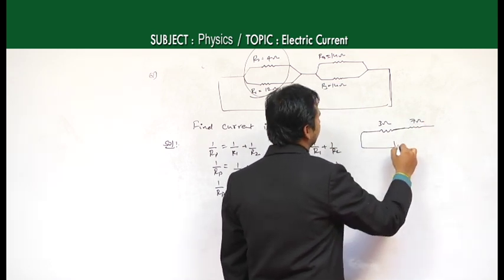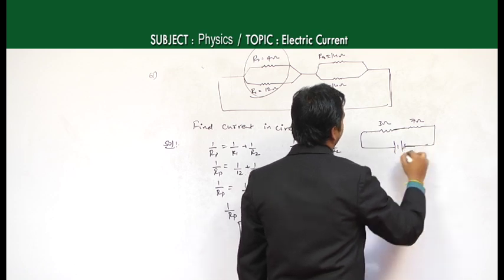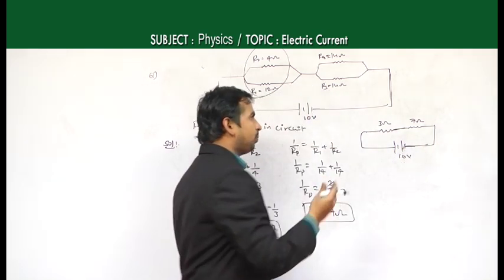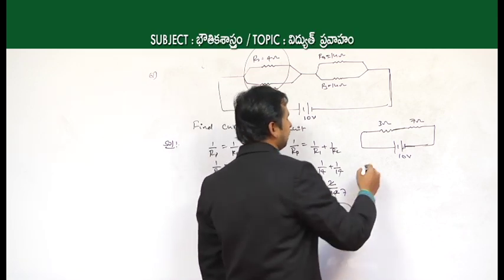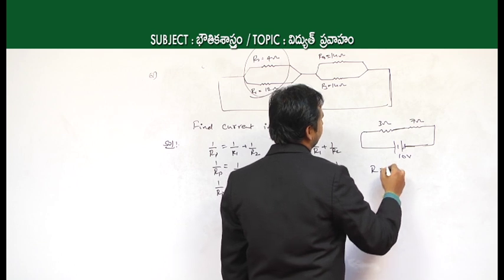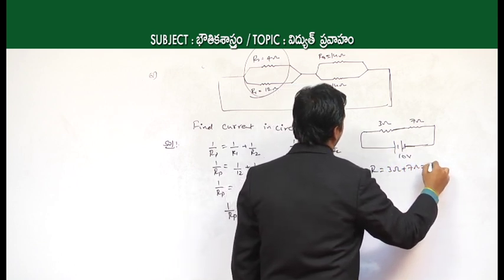These two are connected in series to the 10 volt battery. As they are in series, the final resistance is R equals 3 plus 7, which is 10 ohms.